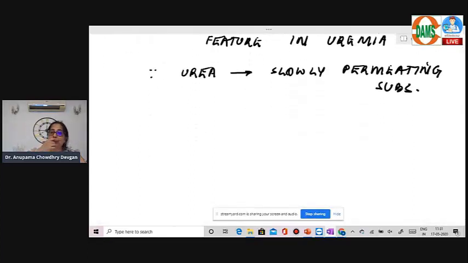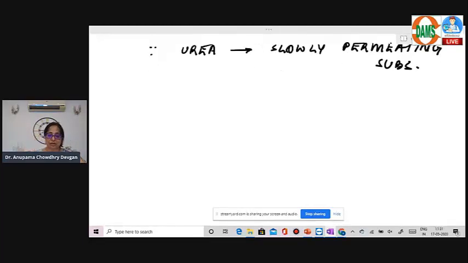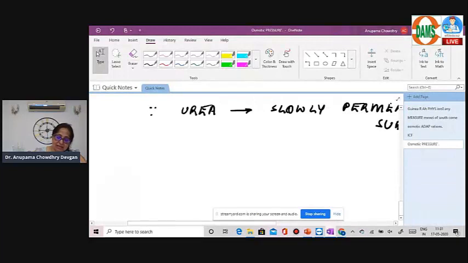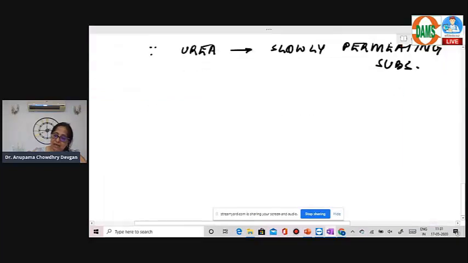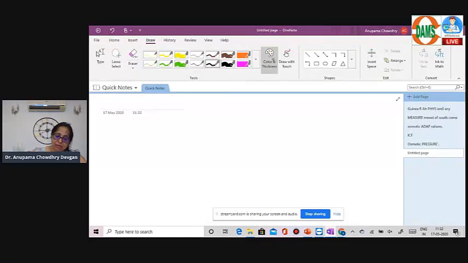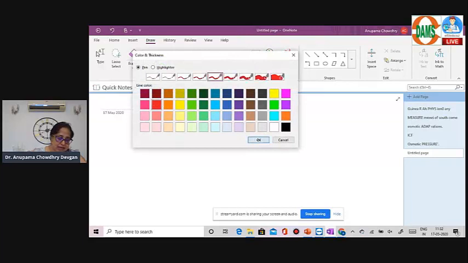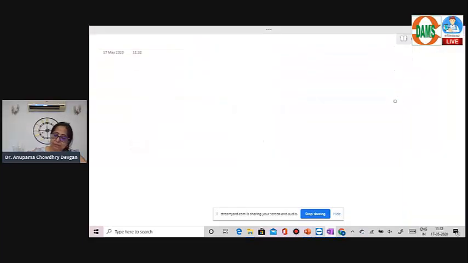Now, the next important point which I need to discuss is the application of colloid osmotic pressure, and that is known as the Starling's forces in a tissue capillary. Let's see this.